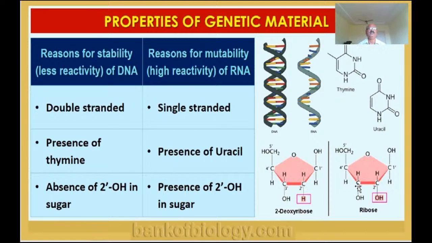So these are the main differences between DNA and RNA. DNA double stranded, RNA single stranded. In DNA thymine is present, in RNA uracil is present. Absence of hydroxyl in sugar in DNA, presence of 2'OH in sugar in RNA.